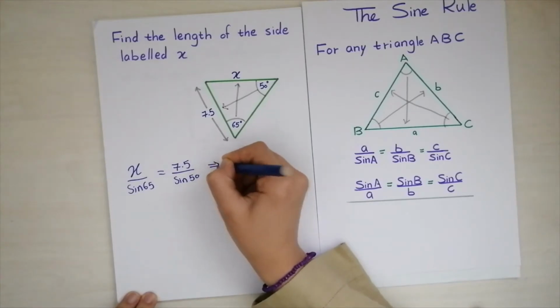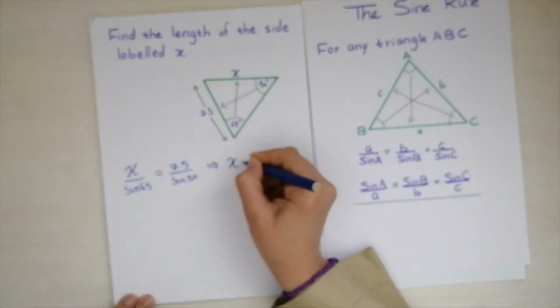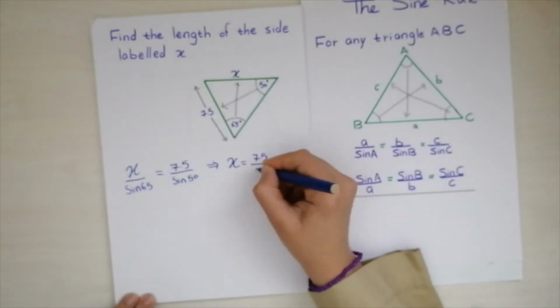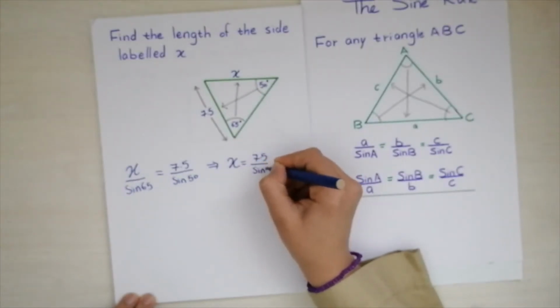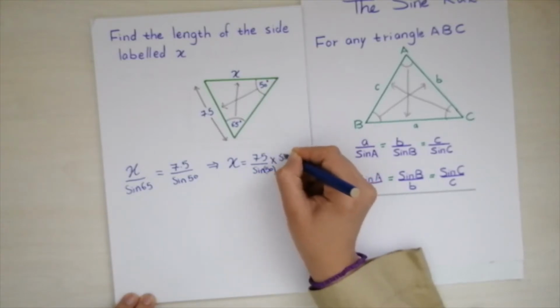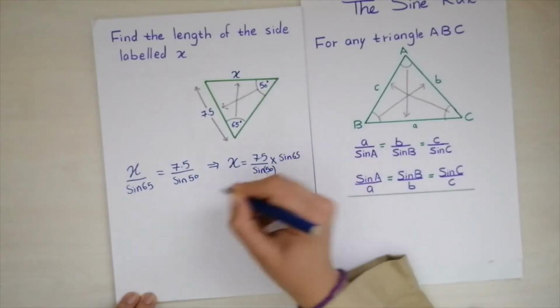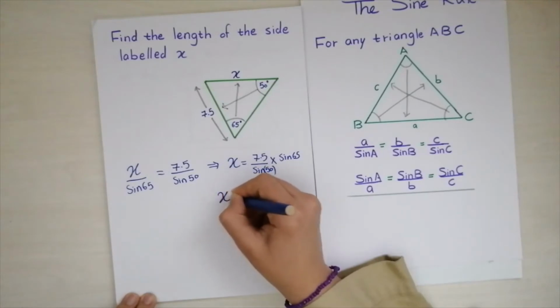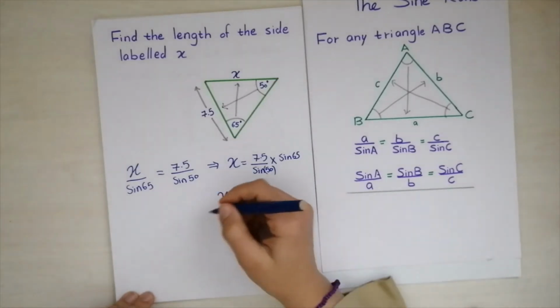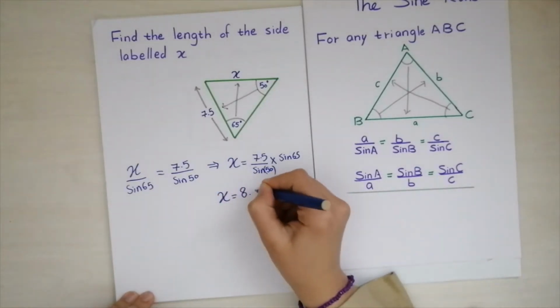And this implies that x is equal to 7.5 over sine 50 times sine 65. With a calculator, x will equal 8.873, etc.